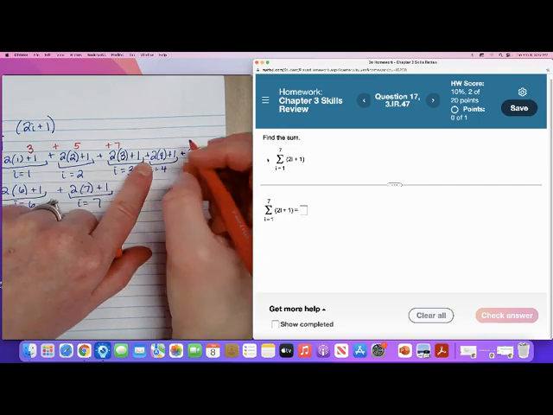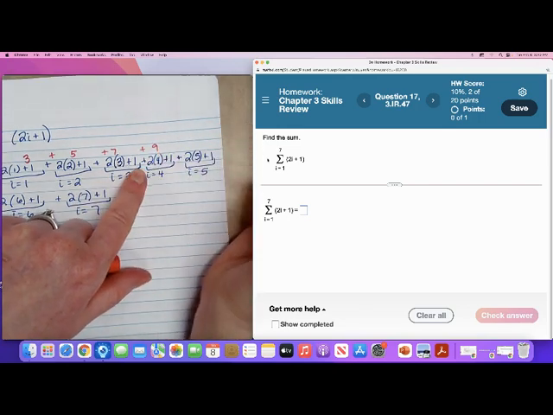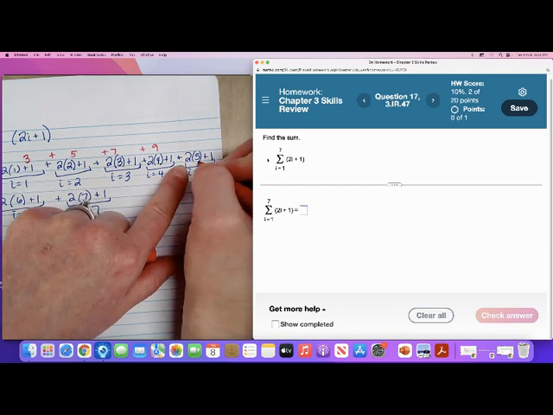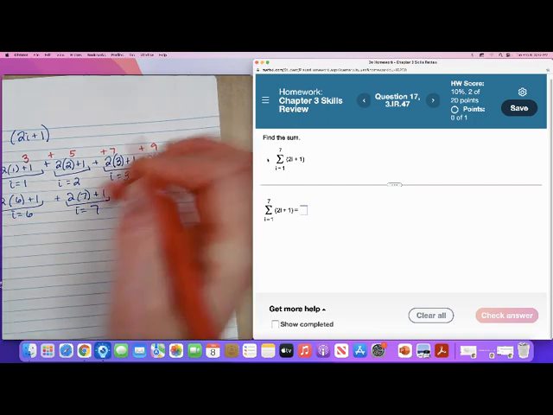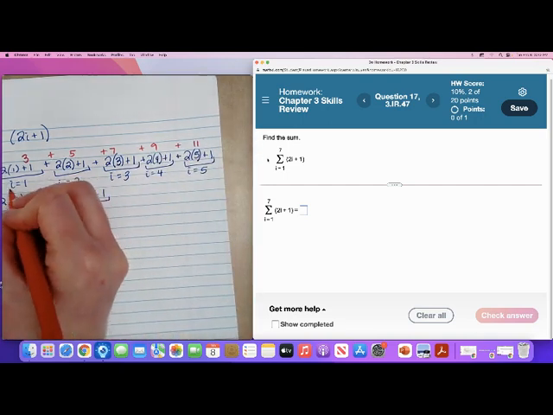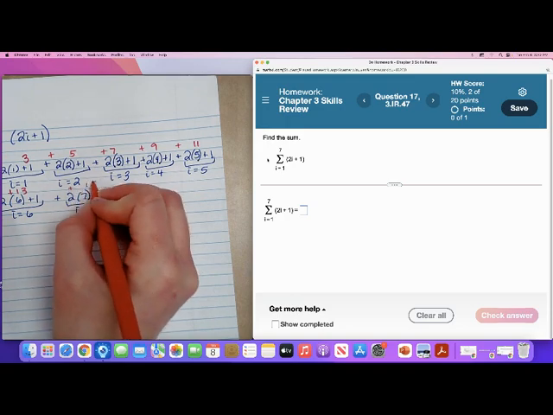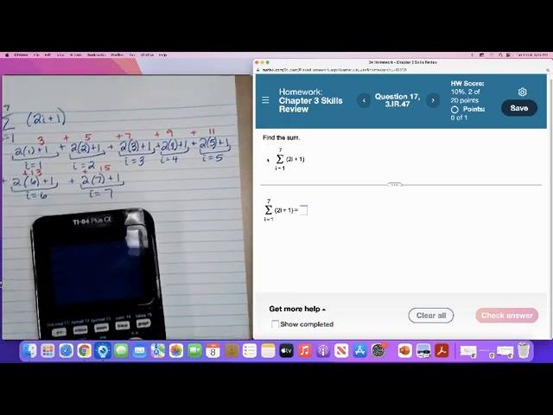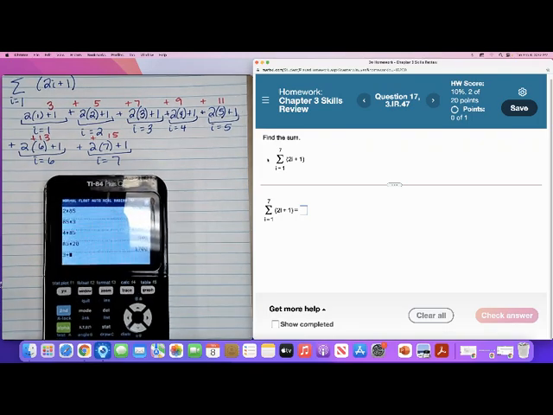Oh, these look like the odd numbers, right? 2 times 4 is 8, plus 1 is 9. 2 times 5 is 10, plus 1 more is 11. 2 times 6 is 12, plus 1 more is 13. 2 times 7 is 14, plus 1 more is 15. So we're adding up the first few odd numbers. 3 plus 5 plus 7 plus 9 plus 11 plus 13 plus 15 is 63.